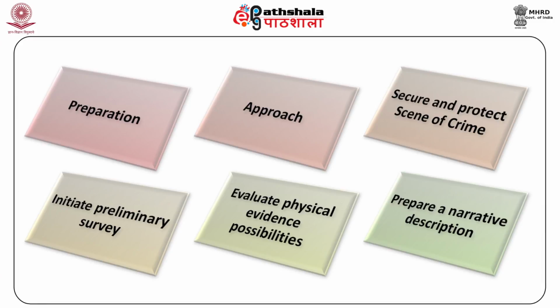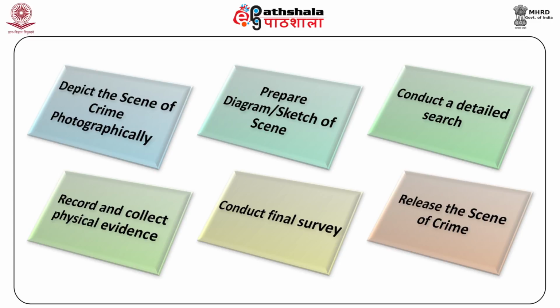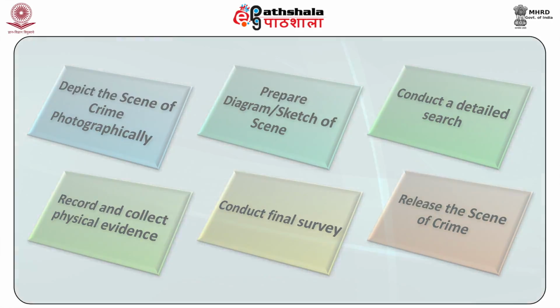The first is preparation, second is the approach, third is to secure and protect the crime scene, fourth is to initiate a preliminary survey, fifth is to evaluate physical evidence possibilities, sixth is to prepare a narrative description, seventh is to depict the scene of crime photographically, eighth is to prepare a diagram or sketch of the scene, ninth is to conduct a detailed search, tenth is to record and collect physical evidence, eleventh is to conduct a final survey, and twelfth is to release the scene of crime.